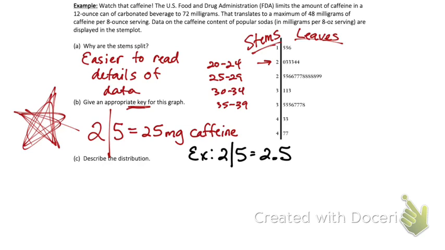Describe the distribution. Oh my gosh, you guys, we get to use our SOCS. What does SOCS stand for? There it is. Shape, outlier, center, and spread. How in the world are you supposed to see the shape?